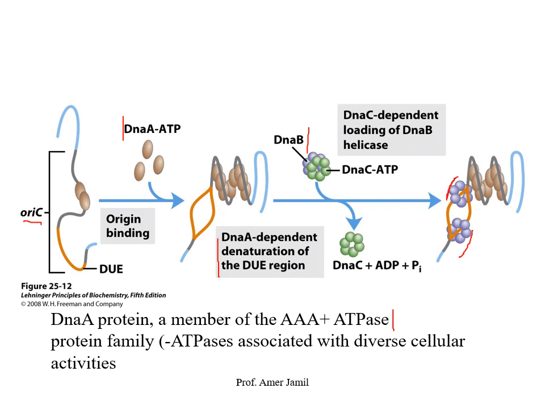So there are 2 replication forks that will go on in opposite directions, and these are the 6 subunits each of the DnaB protein, which is a helicase. And this DnaC protein along with ATP helps loading of the DnaB protein on this region, and it is released. DnaC and ATP is hydrolyzed in this case.